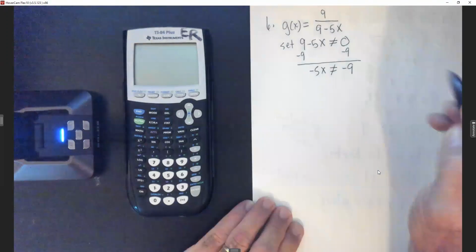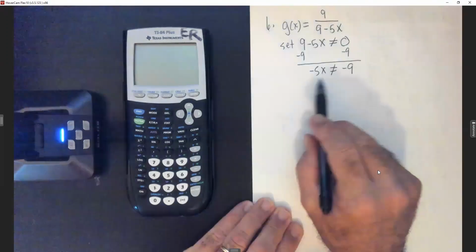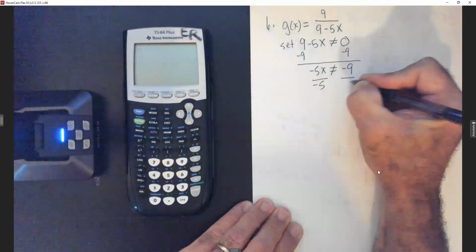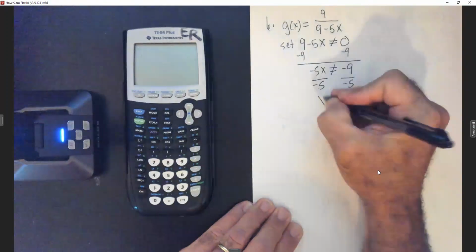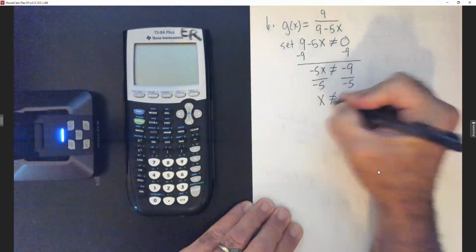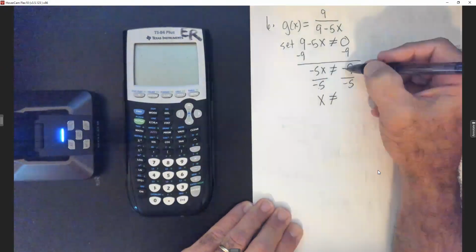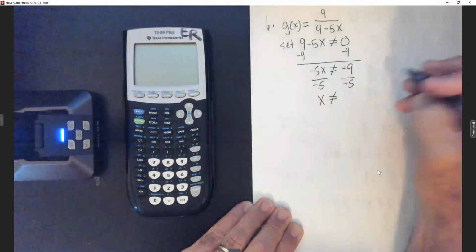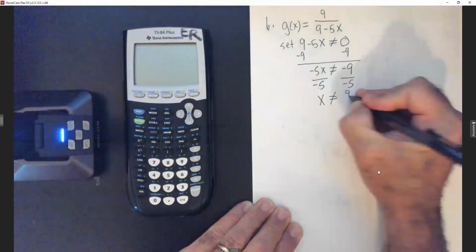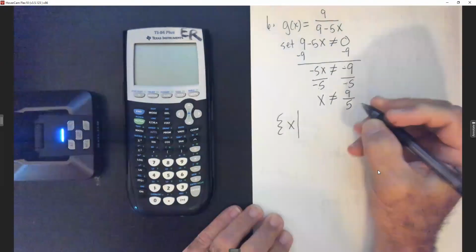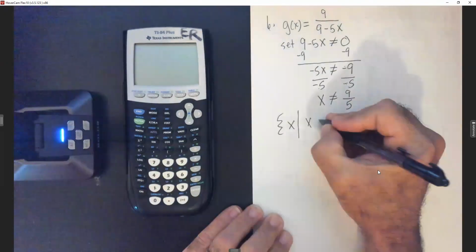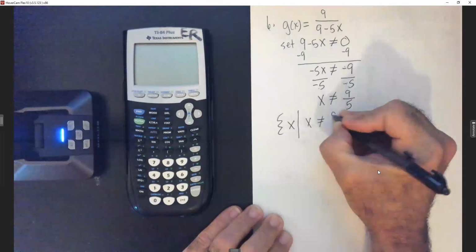Now, what I do got to do is divide both these by negative 5. So negative 5 divided by negative 5 makes that a positive x. That cannot equal negative divided by negative makes that a positive, and we cannot reduce the 9/5. So that would be our final answer. So we would get x such that x cannot equal 9/5.